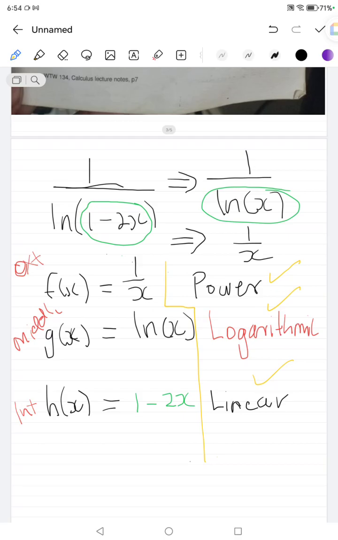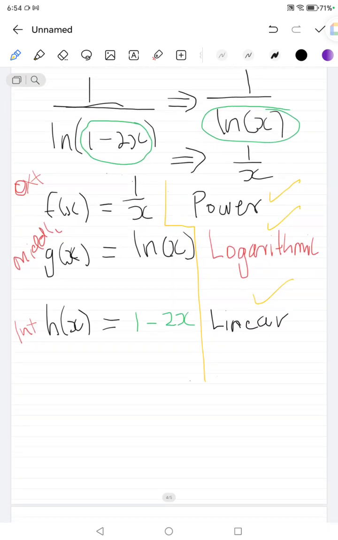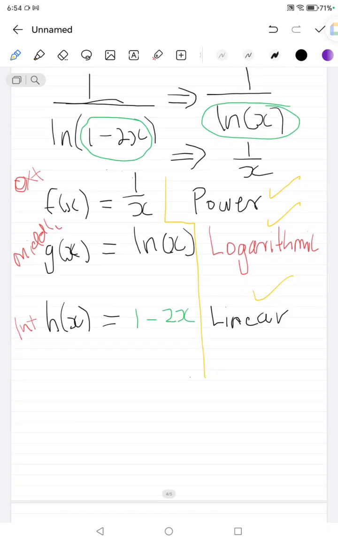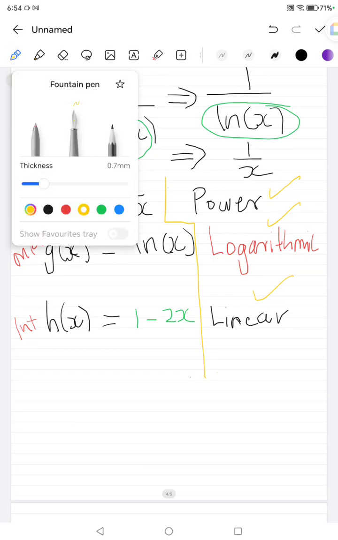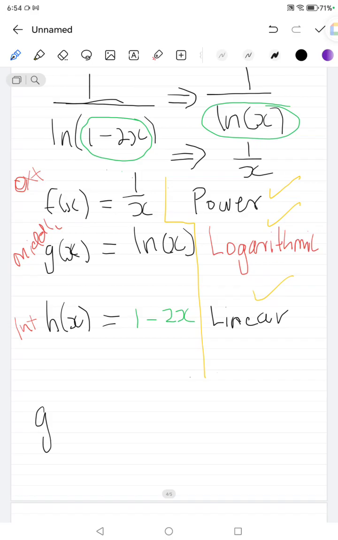You see, now I've extracted all the functions from this thing, and if I want to write them back, I can, because if I have to write something like my g of h of x, it means now I have my h of x inside of my g of x.